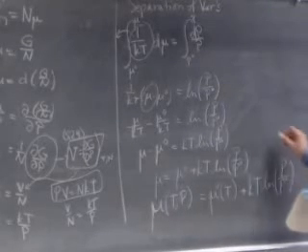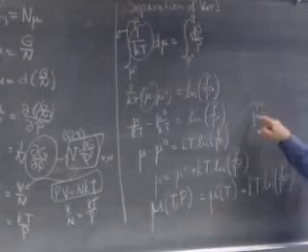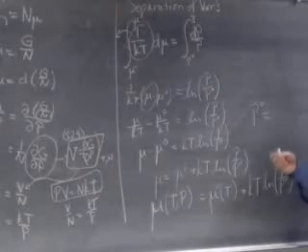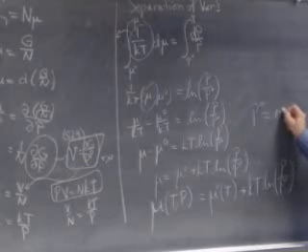So P superscript 0 is a reference pressure, usually atmospheric pressure.